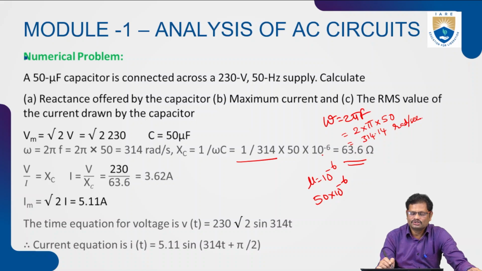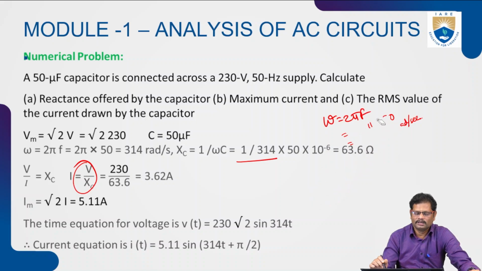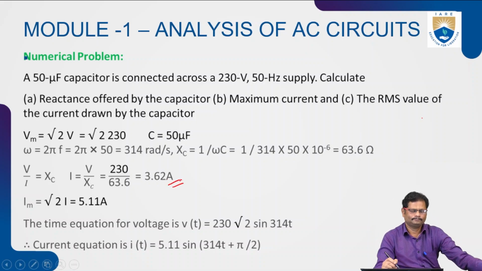The value of Xc is 63.6 ohms. And V by I is Xc, or I equal to V by Xc. So V is given as 230 and Xc I have calculated as 63.6 ohms, and we can calculate I equal to 3.62 amps.